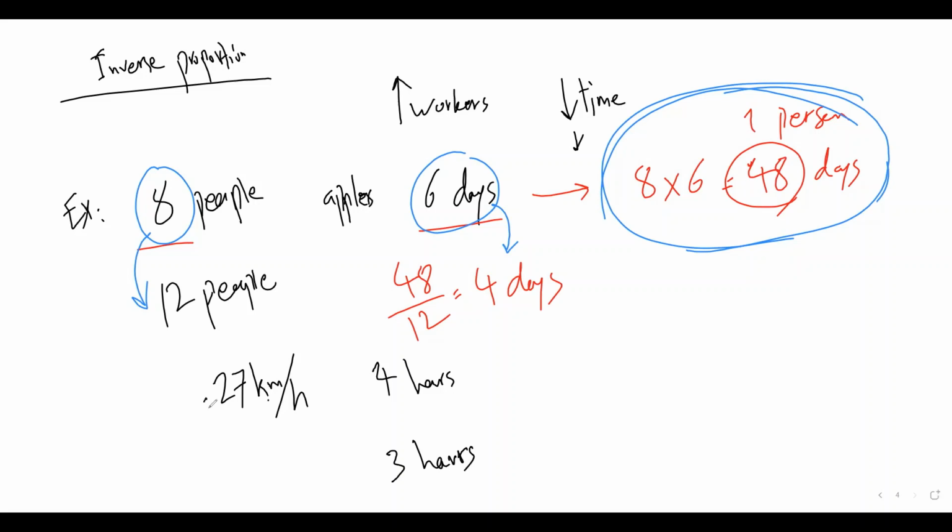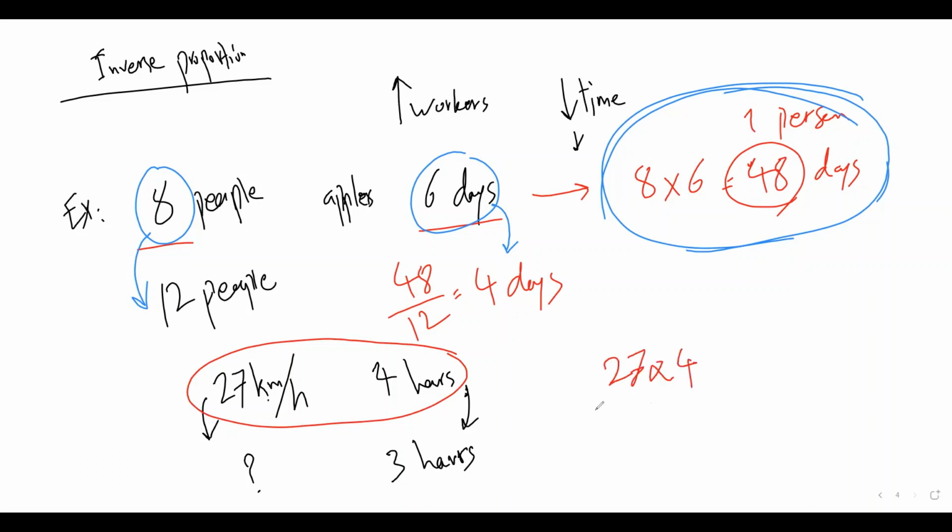Obviously, the speed must be increased, right? Because the time is reduced, so the speed must be increased. Now, what should we do? You multiply these two numbers, right? That gives us 27 times 4, and then at the end you divide it by 3, which should give us 36 kilometers per hour.